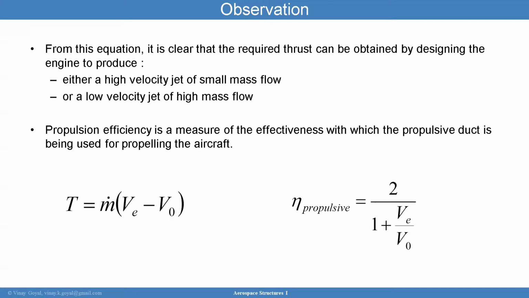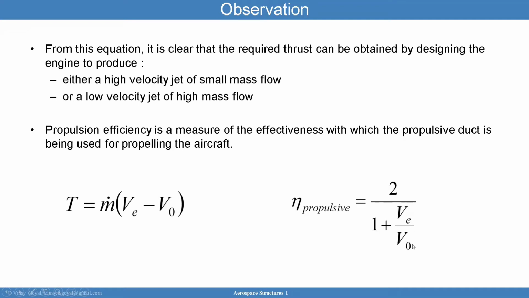The propulsion efficiency is a measure of the effectiveness with which the propulsive duct of the engine is being used for propelling the aircraft. The thrust is given by this equation here. The efficiency is then 2 divided by 1 plus VE divided by V naught.